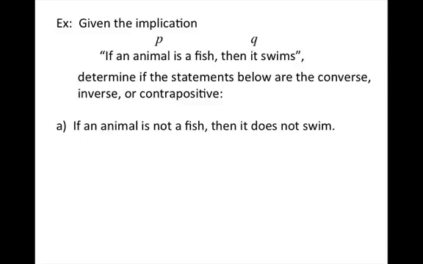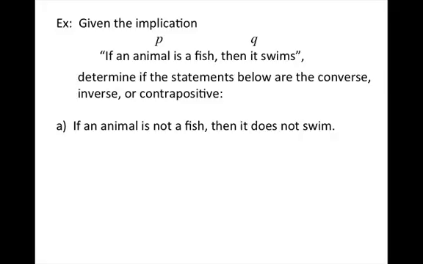So let's look at part A. Part A states if an animal is not a fish, then it does not swim. I see the nots, and my original implication did not have nots, so I know I'm dealing with negations. If you look at the first part, it says if an animal is not a fish.